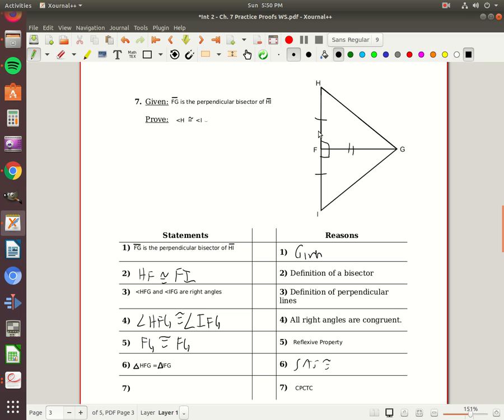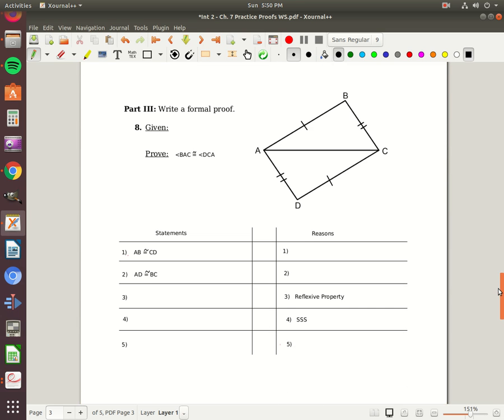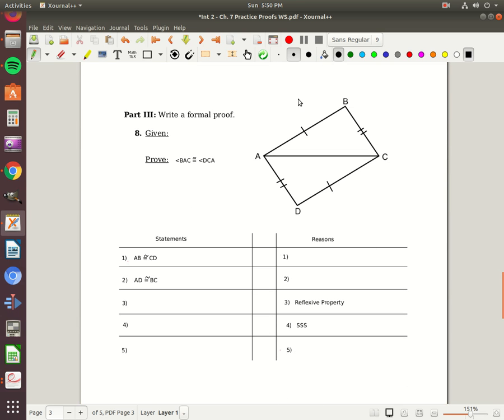Triangle HFG and IFG. And now I can come back and say that angle H is congruent to angle I because of CPCTC. So hopefully you guys are doing okay with these. Again, a lot of these are filled in, and if we use these steps, it makes it a lot easier, I think. All right. We're given this picture, and we want to prove that BAC is congruent to DCA.